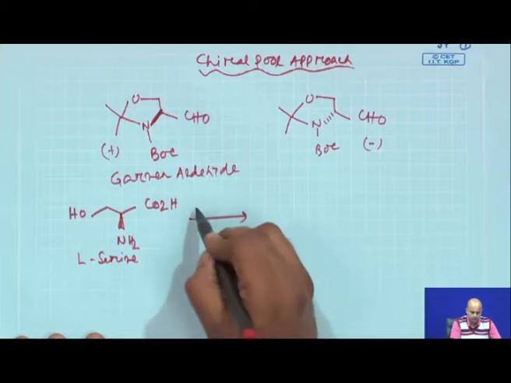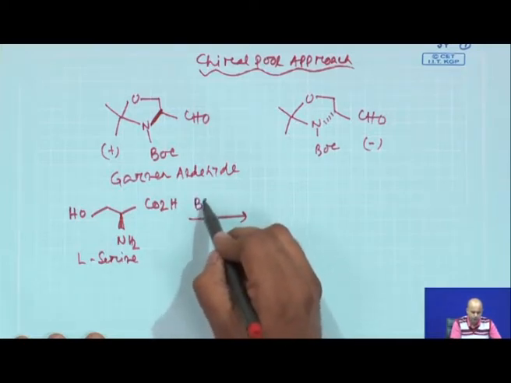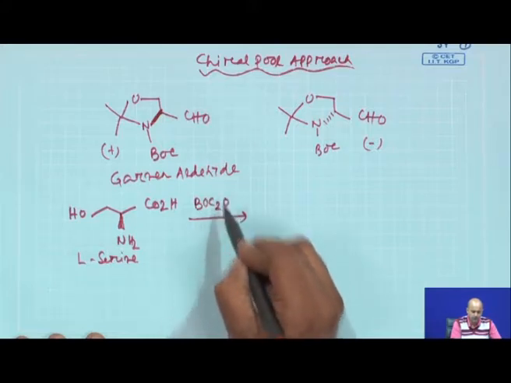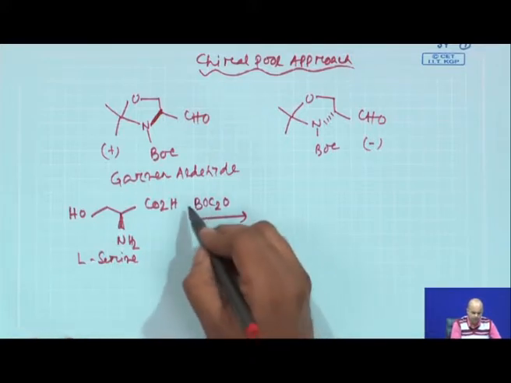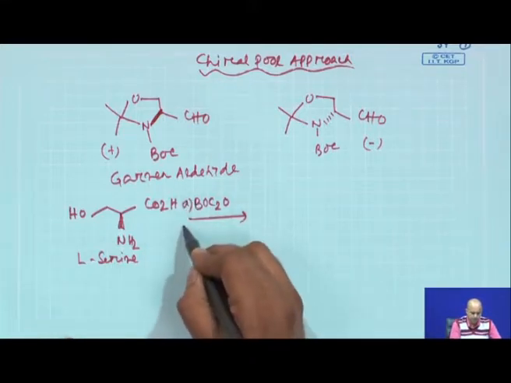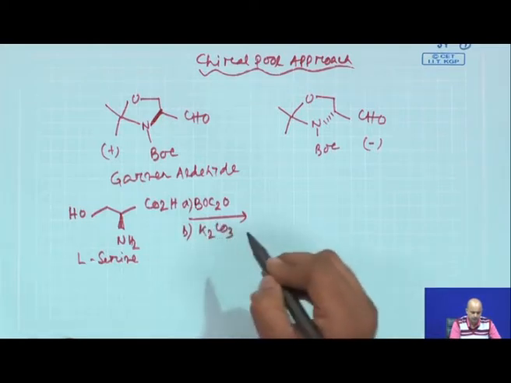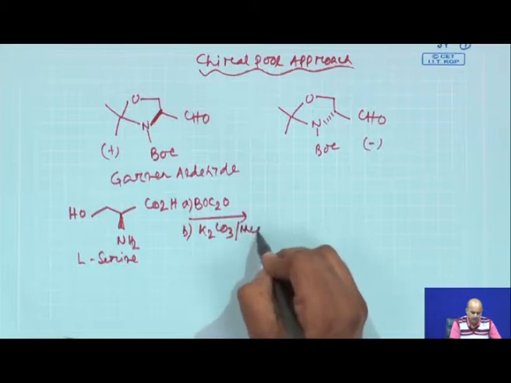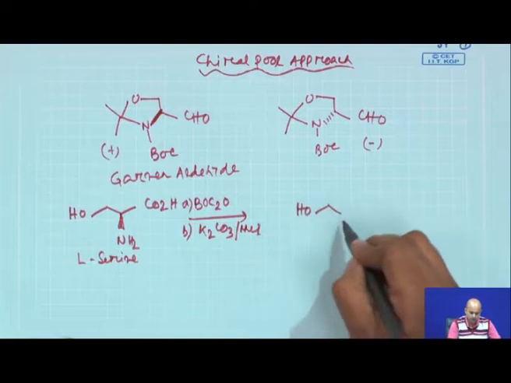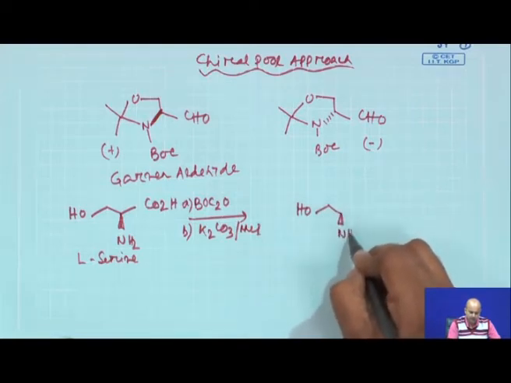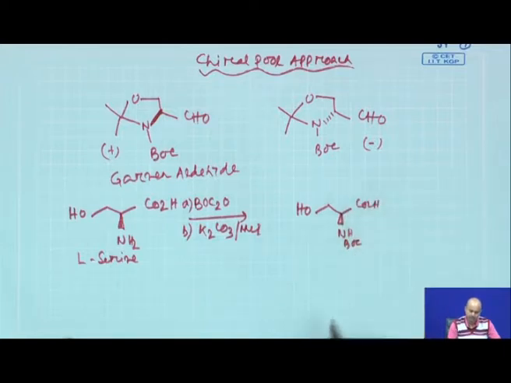Now, first we will be using a reagent which is often used as an amino acid or amine protecting agent, it is called Boc anhydride. You can see its structure. Boc anhydride is usually used for amine protection, and a mild base like potassium carbonate is used. So, initially if you use this, you get this NH-Boc and CO2H, fine.